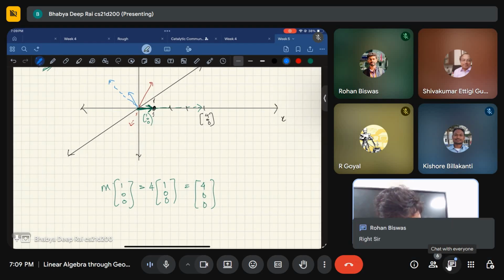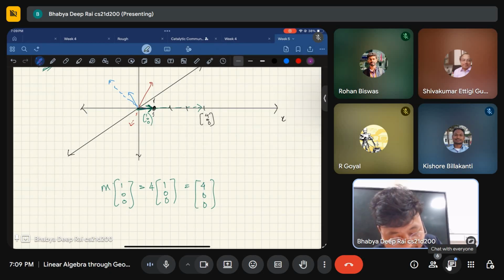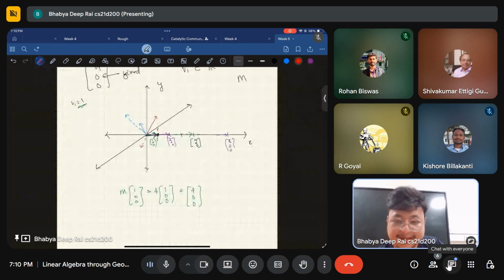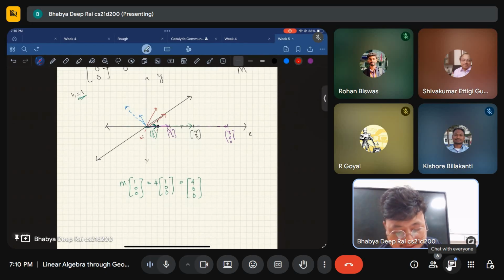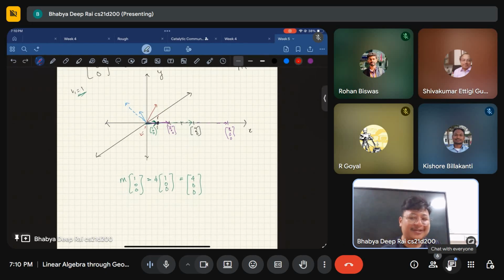If another vector is here, say 2, 0, 0, 2 4s are 8, so somewhere around here, 8, 0, 0. Anywhere on this axis is stretched by 4 times, and all the other vectors are not stretched in the same direction. They can go in arbitrary directions, except the direction they are already on.